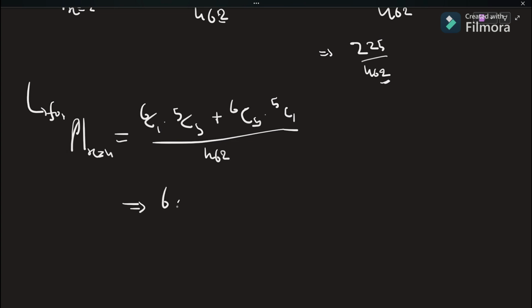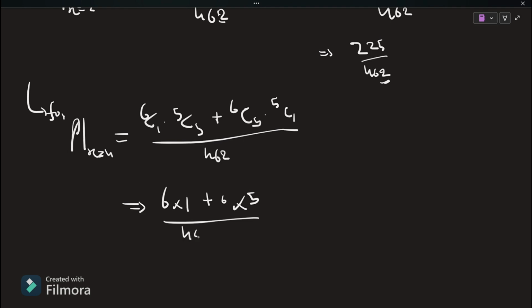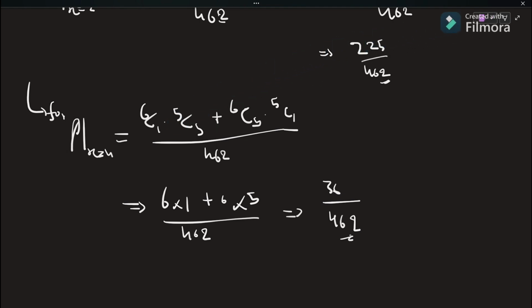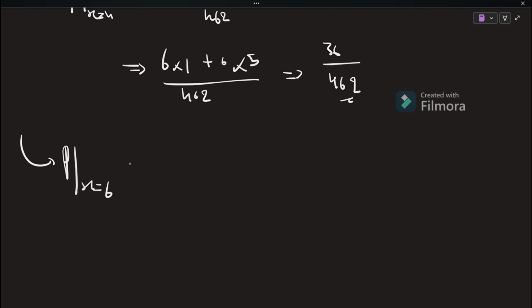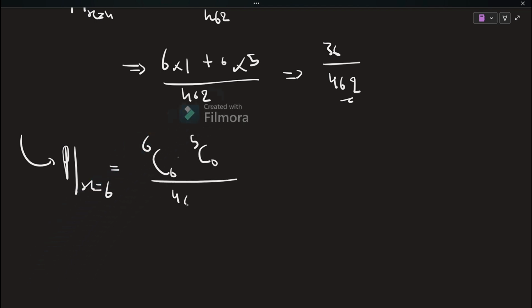Okay, so 462 again. So we will get 36 out of 462. And last, find the probability at X equals 6 when m was 6. We cannot take 6 from 6 for physics, so one less, and then none. So here we will get 1 by 462.